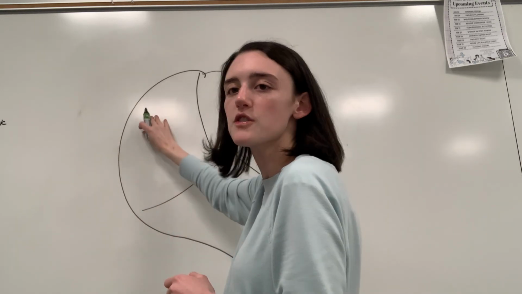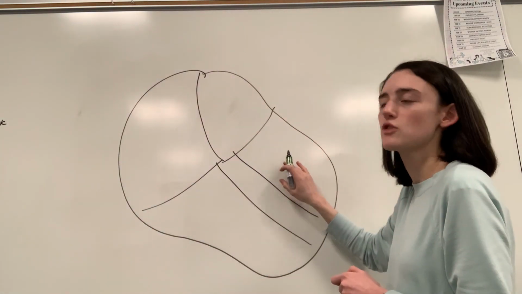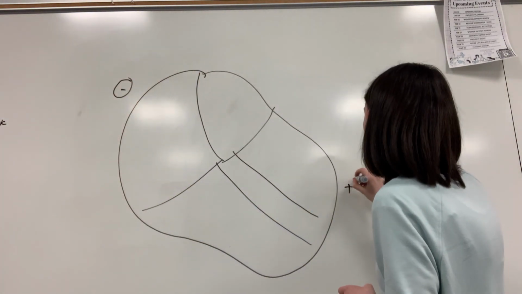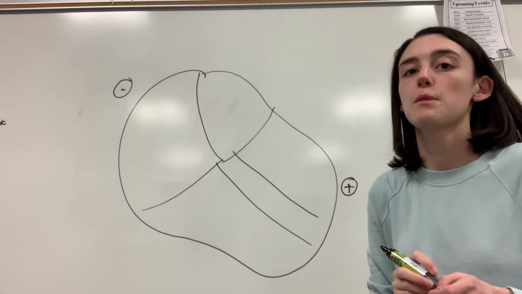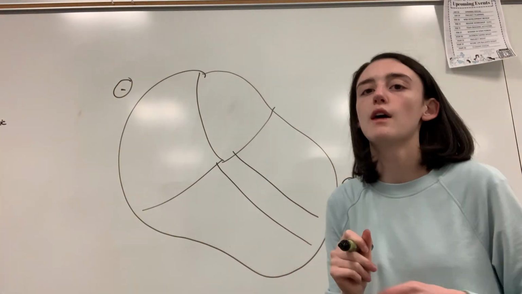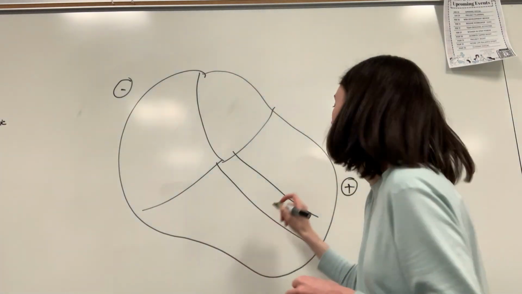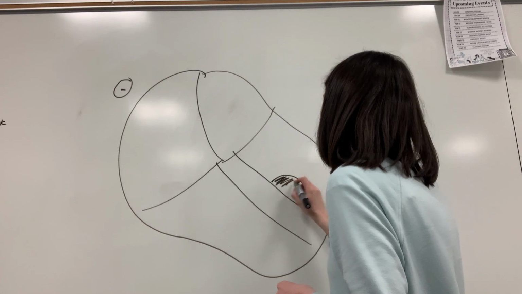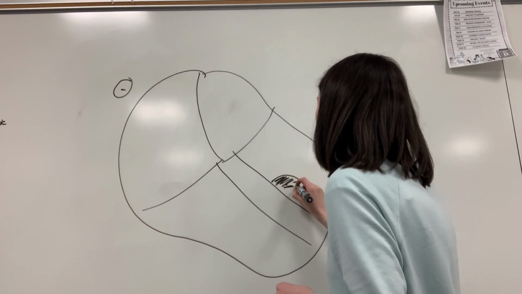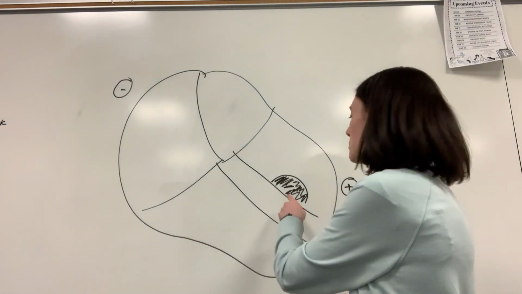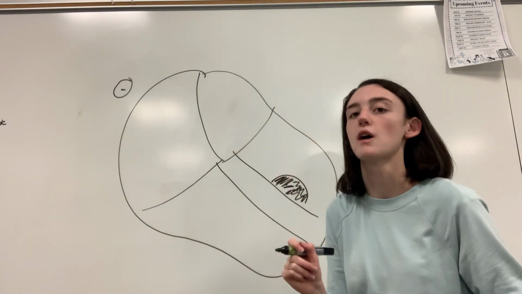Okay, so once again, this is our atrium. These are our ventricles. We've got our negative node here and our positive node here. Now what's happening in NSTEMI is we are essentially going to have hypoxic cells in the endocardium. So I will go ahead and label that. And those hypoxic cells are going to have a negative charge on the outside. So pretend this whole clump is representing hypoxic cells.